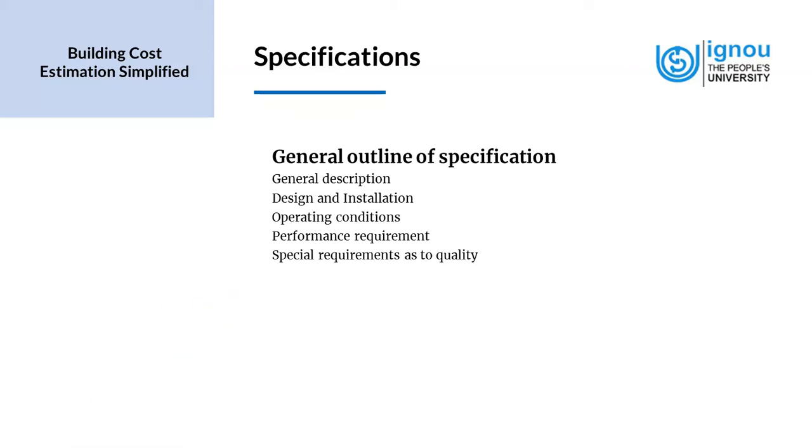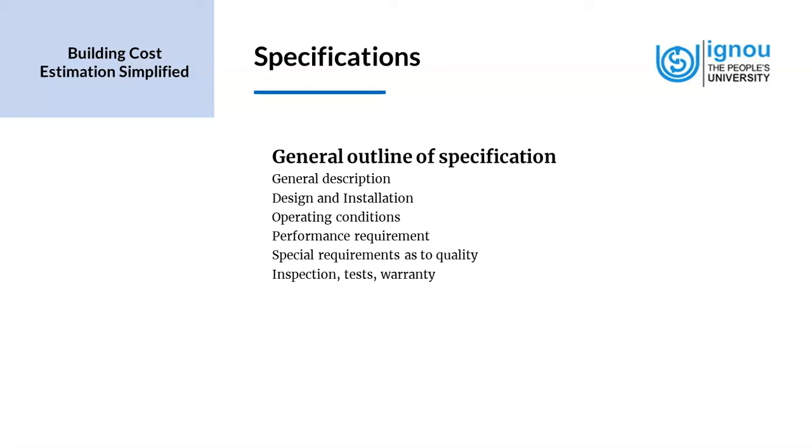The special requirements as to quality: there would be different processes in a particular construction project, and we need to specify the accepted quality required in each stage so that the following stage is able to maintain the quality standards of the preceding stages. So on quality and compatibility, if there are any special requirements, these need to be communicated.